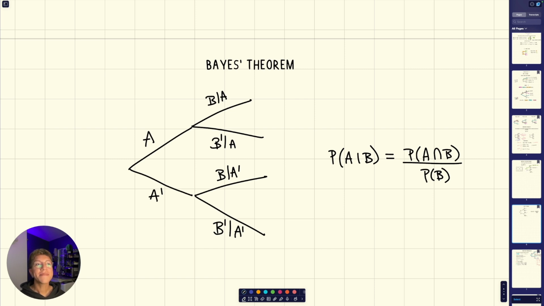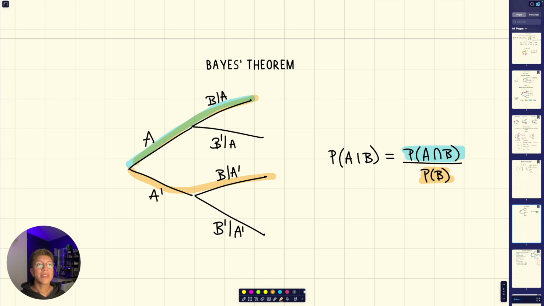So starting with the top, if we're looking for the probability of A intersection B, that's our very first path, our top branch. And then if we're looking for the probability of B, we discussed this as well. We said the probability of B is all of the paths or all the branches where B occurs, which is our top branch and our third branch.